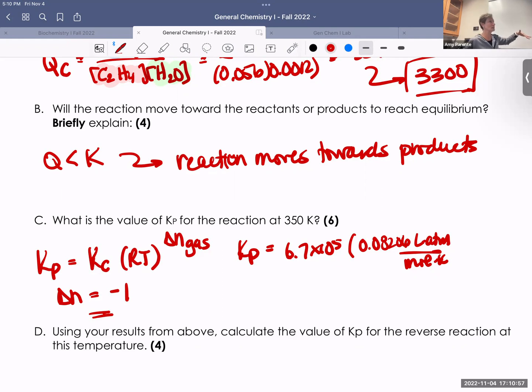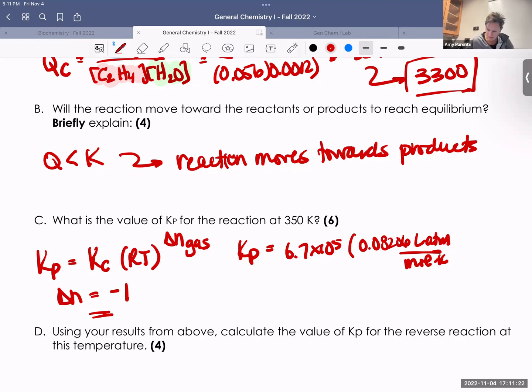We actually haven't really used that one yet. So that's not the one you want to grab. Another one is 8.314 joules per mole Kelvin. It's going to have units of joules and energy, and that has nothing to do with what we're doing here.